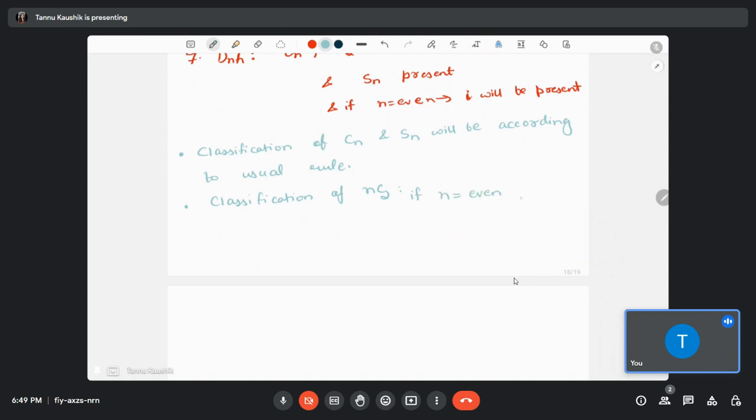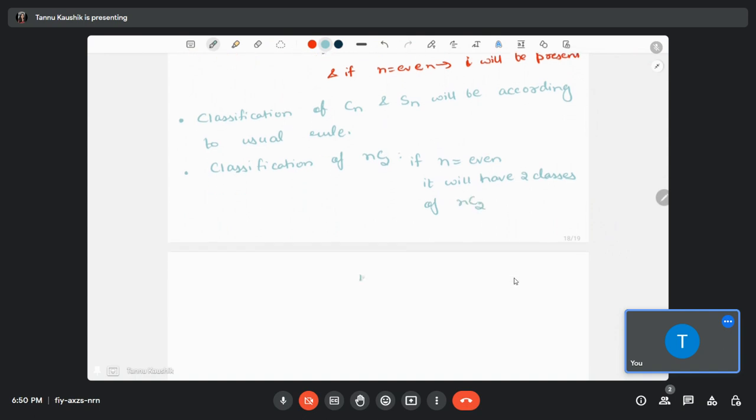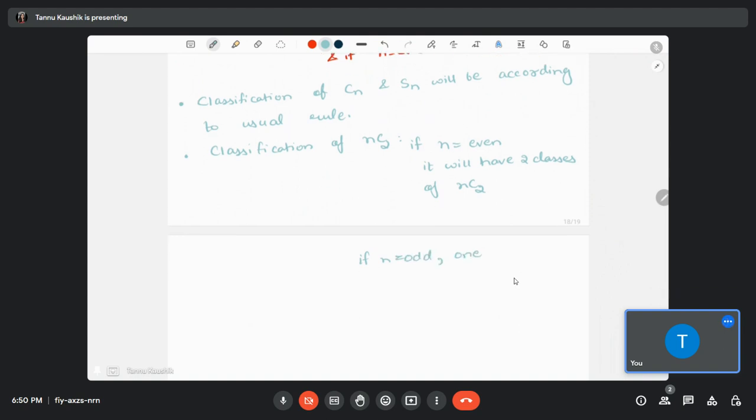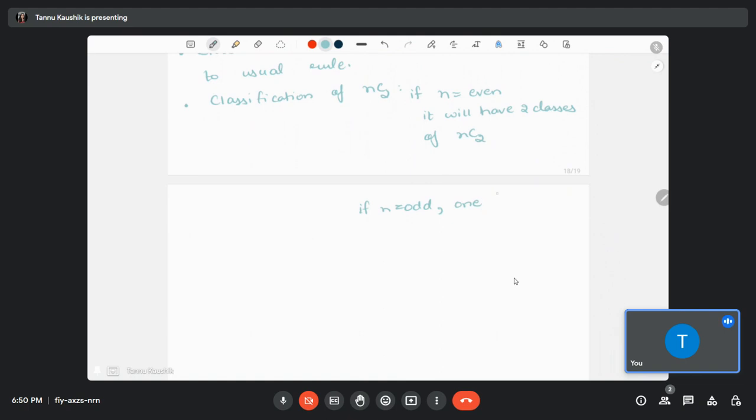If n is even, then it will have two classes of n C2. If n is odd, then all C2 axes of rotation will be counted in one class.